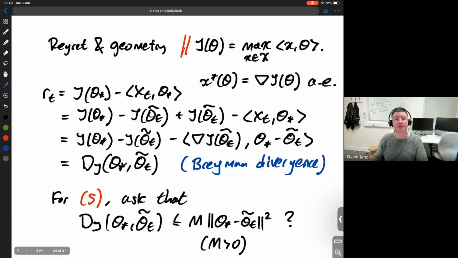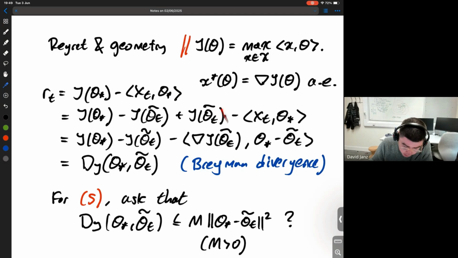On the other hand, we want the smoothness condition. What should this look like? Again, same definition, and remembering that the optimal action is given by the gradient. The per step regret, starting from the definition, adding and subtracting our sampled value. And okay, this here stays the same.